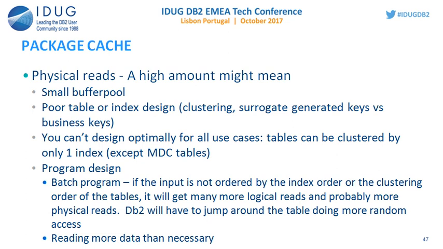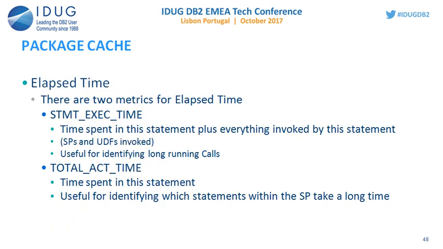A high number of physical reads could mean the buffer pool's too small, bad table or index design, or bad program design. A lot of different reasons, all reading more data than necessary. The elapsed time comes with two important columns, statement exec time and total activity time. The difference is that total activity time is the time spent for this individual statement.